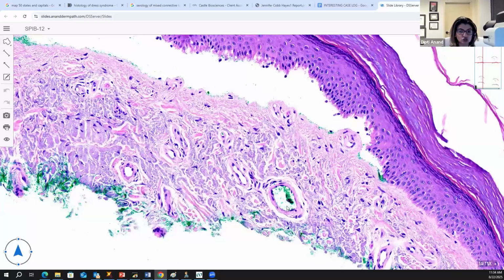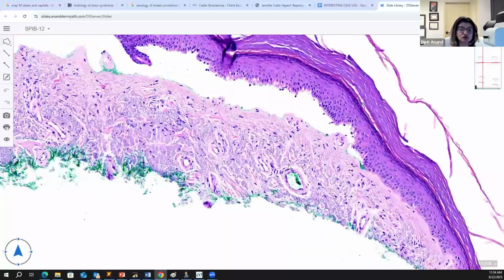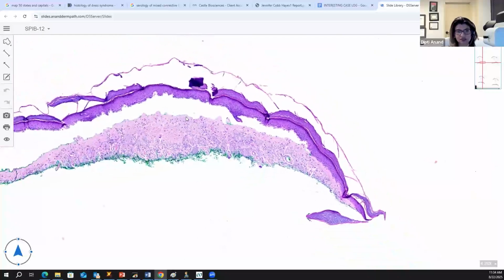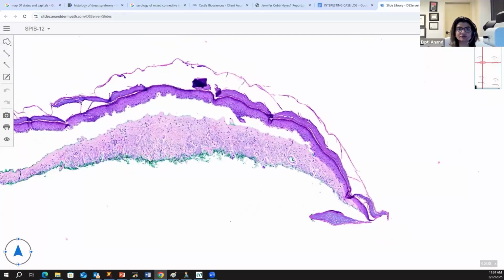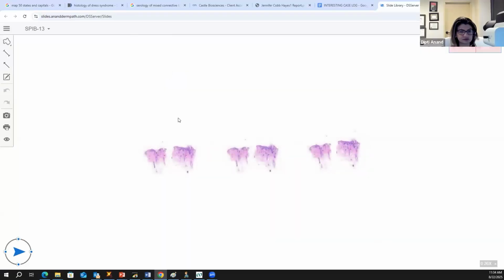So that is where your donut vessels on the DIF will deposit. So this is from a patient with porphyria or pseudoporphyria, and both will be indistinguishable on histology and on DIF. The only way to distinguish between them is to do serum and urine porphyrins and correlate with the clinical findings. So yes, that is the correct answer. Good. Let's go to the next one, which is slide 13.